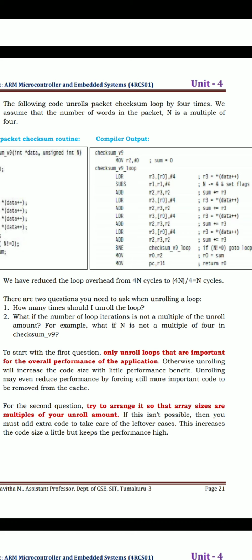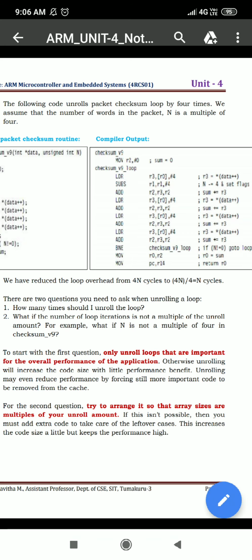After the loop terminates, you can observe the final sum, which is in R2, is transferred to the R0 register, and the return address is transferred to PC, and the control is transferred to the calling function. So here you can observe that since the loop body is unrolled 4 times, the loop overhead is reduced from 4n cycles to 4n by 4, that is n cycles.